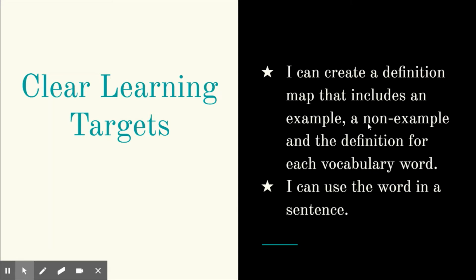Okay, friends, let's go ahead and read these learning targets together. Let's go ahead and do the number one first. I can create a definition map that includes an example, a non-example, and the definition for each vocabulary word. I can use the word in a sentence.